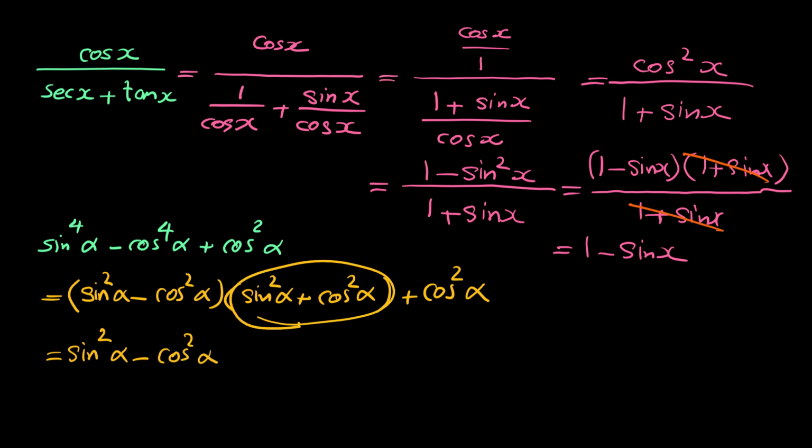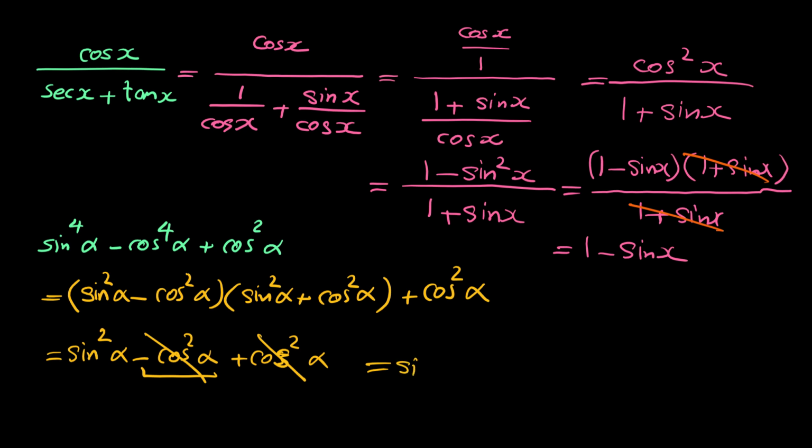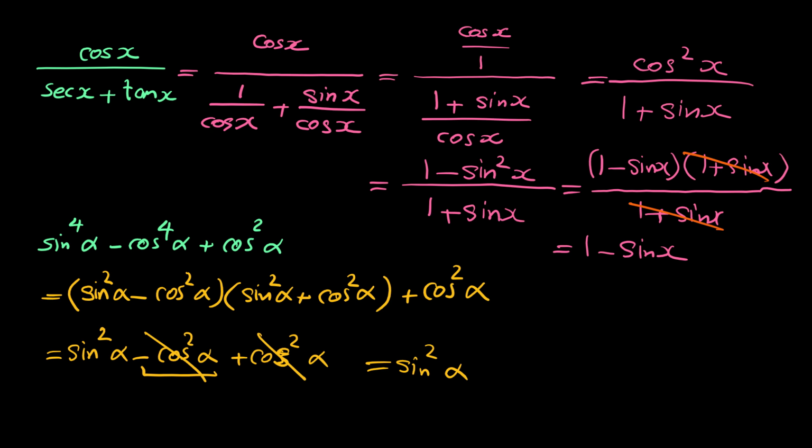Attention, again, 1 times this would be this again. And don't forget that cosine squared at the end, so plus cosine squared alpha. This minus cosine squared with cosine squared cancels, and the final answer is sine squared alpha.